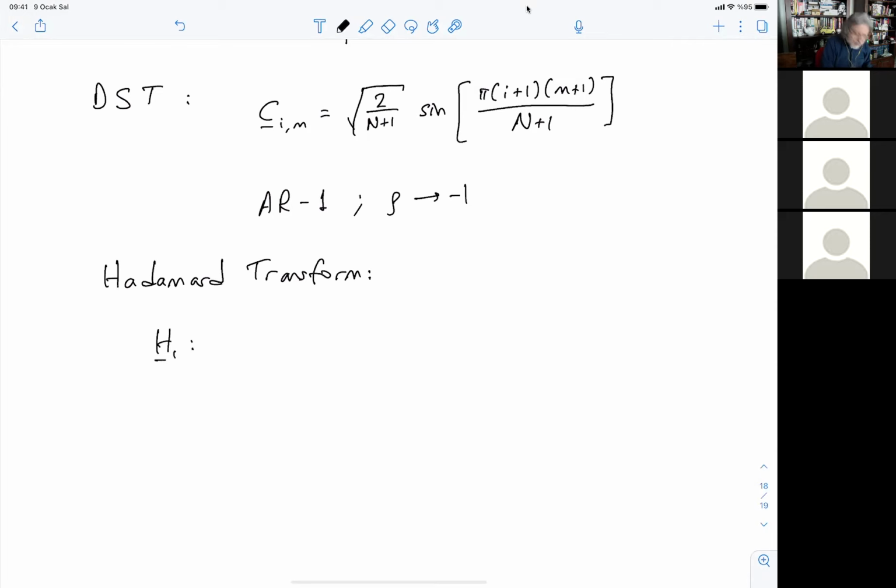It is recursively constructed. The first Hadamard transform, H1, starts from the famous 2x2 transform that we have been talking about in the last few weeks. Because in 2x2 we don't have any other transform, right?